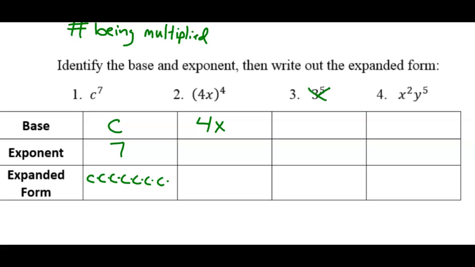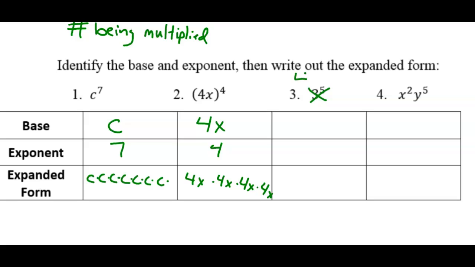I'm going to change that one, cross that one out. What's my exponent? 4, which means I'm doing what? 4x times 4x times 4x times 4x. Okay, good.